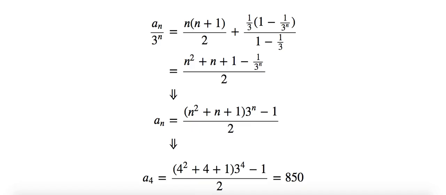Multiply both sides by 3 to the power of n, and replace n with 4 to get our result.